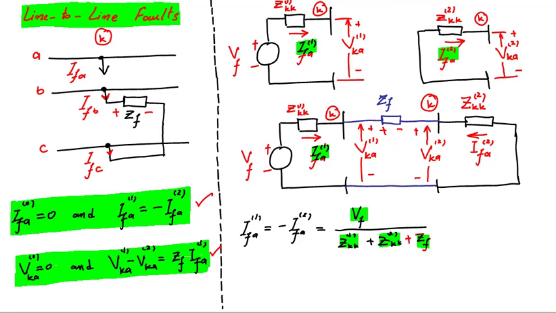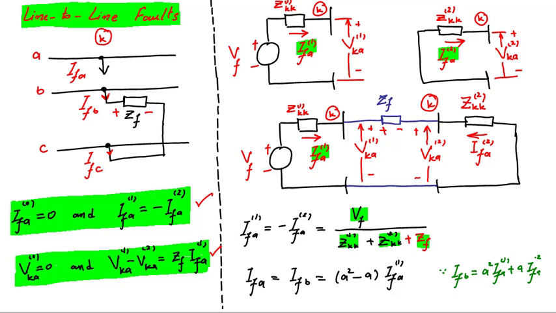Next step is to calculate the fault current. In case of a line to line fault, the fault current is equal to the phase B fault current. That is equal to A square minus A into IFA positive sequence. Since IFB is equal to A square times IFA positive sequence plus A times IFA negative sequence, and for this particular fault, line to line fault, IFA positive sequence is equal to minus IFA negative sequence, I substituted these two values here to find the fault current IFB.